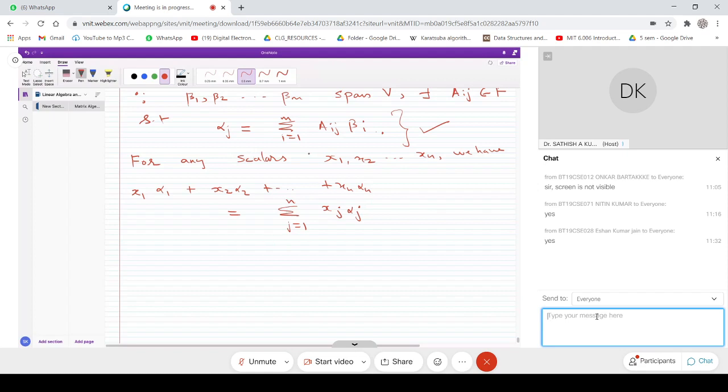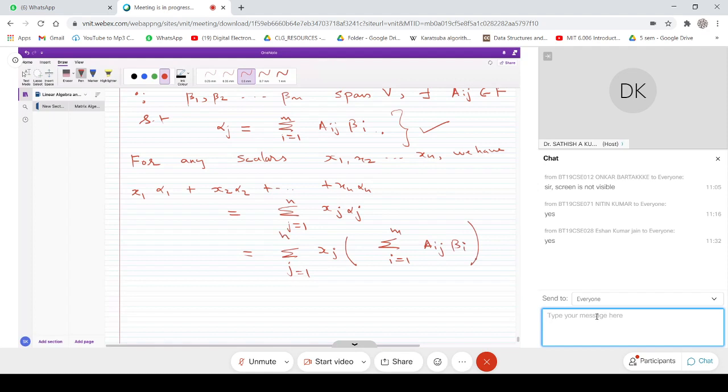Alpha j is summation over i equal to 1 to m of aij into beta i. So in place of alpha j, this is summation over j of xj into summation over i of aij into beta i, where i runs from 1 to m and j runs from 1 to n.